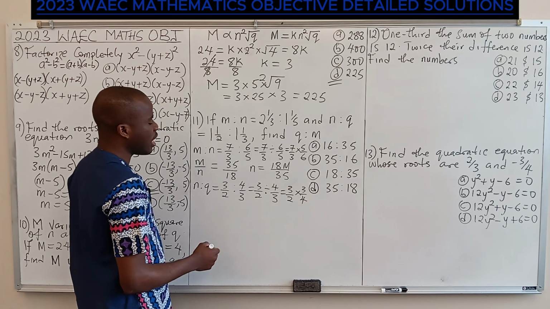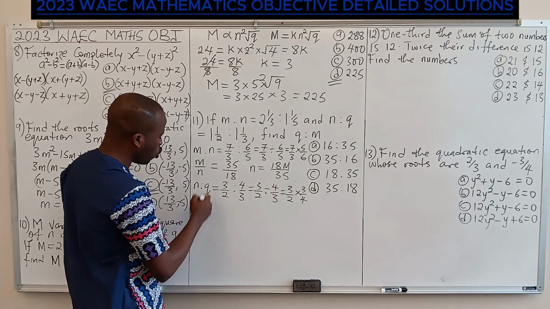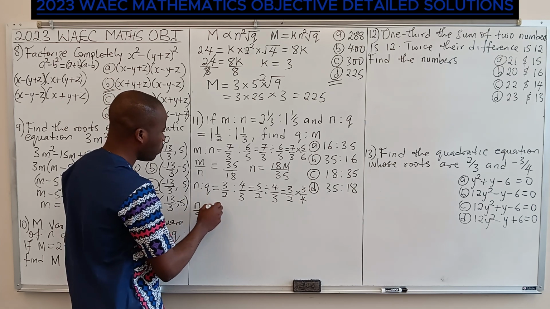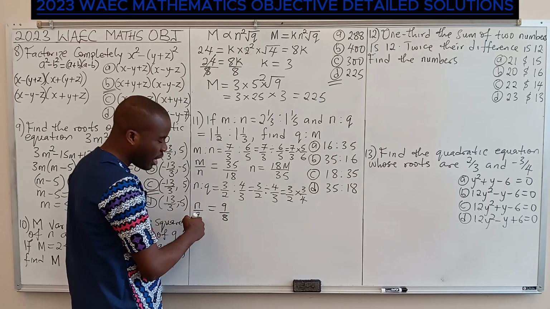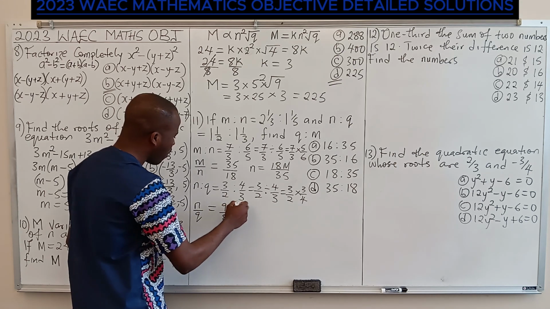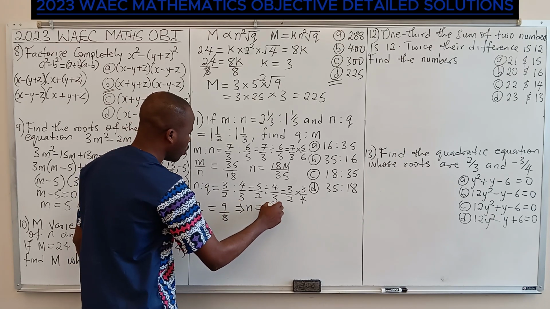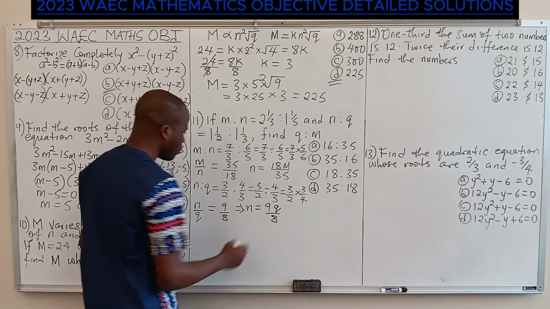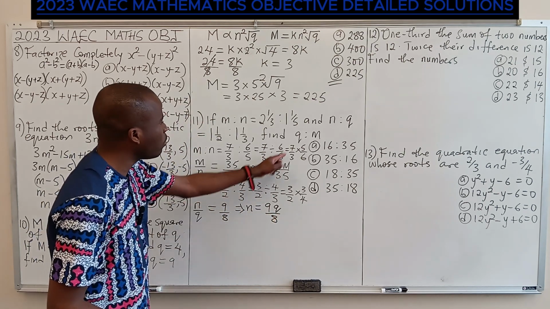So this is 9/8. So that n ratio q is same as n/q, which is 9/8. If I write n in terms of q, I will have n is 9q/8.